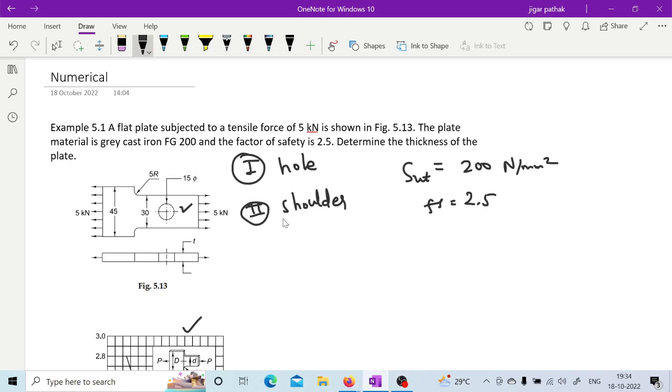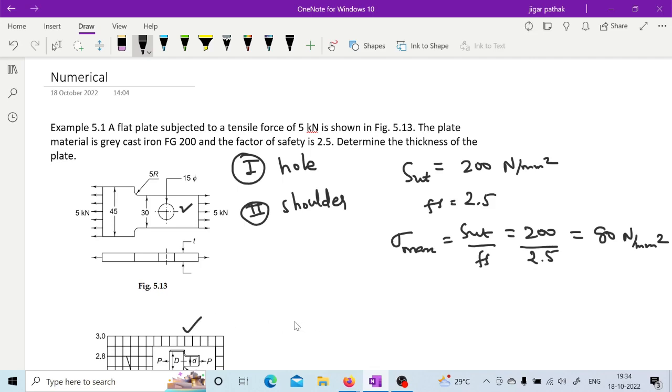So sigma max is equal to the ultimate tensile strength divided by the factor of safety, which is 80. Right, you will get it like this, yes or no? Okay, so once you get this, you have two discontinuities.